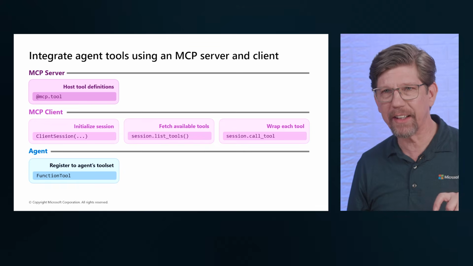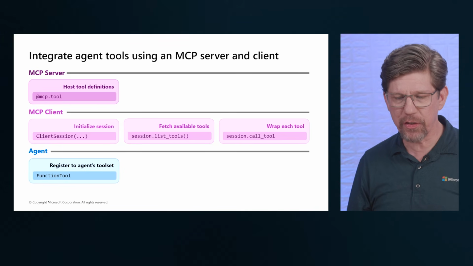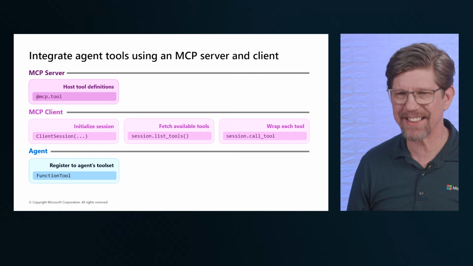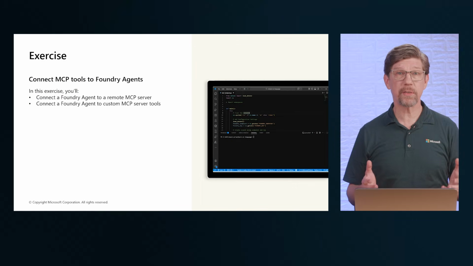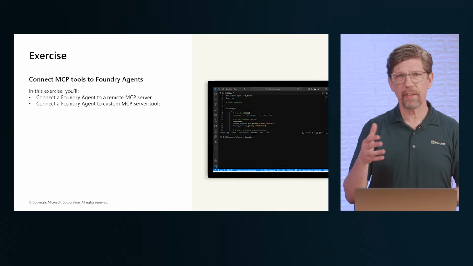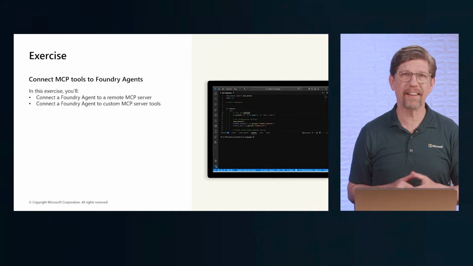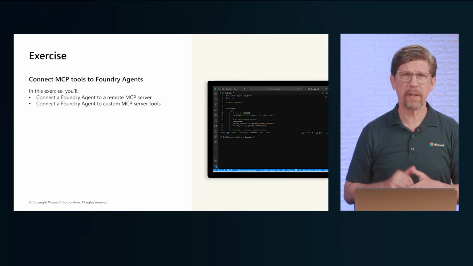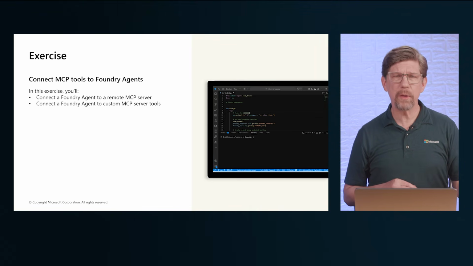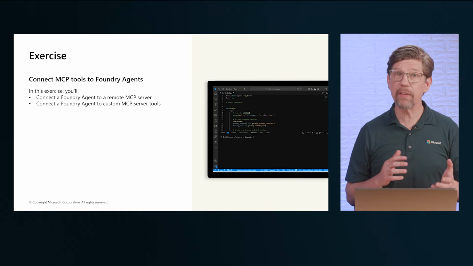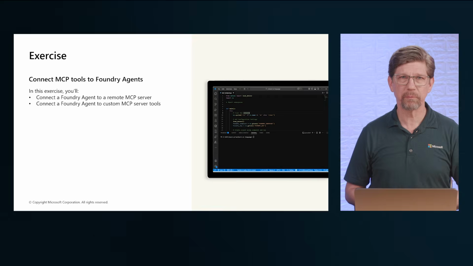And so when you're building the agent itself, you will register the MCP client, or you'll register that tool as an option. In this exercise coming up, we will reference a MCP server a couple of different ways. First, we will hand a remote URL for a remote MCP server, and then we will work with one locally, handle negotiation between the two, and ensure that those work. Let's take a look.